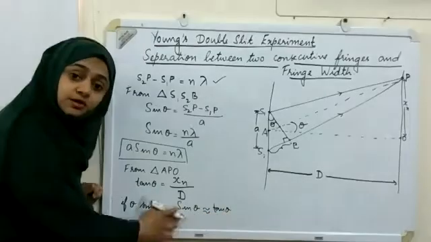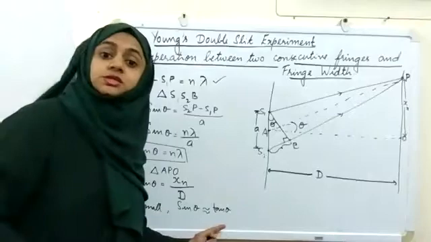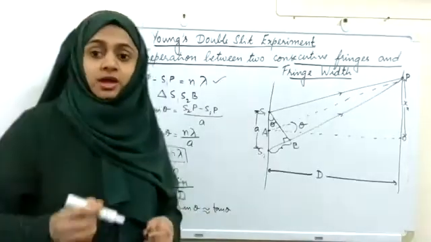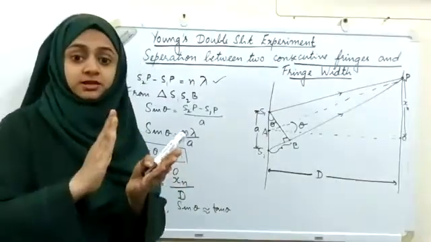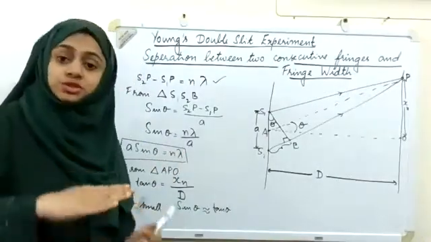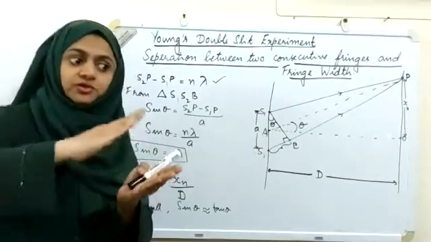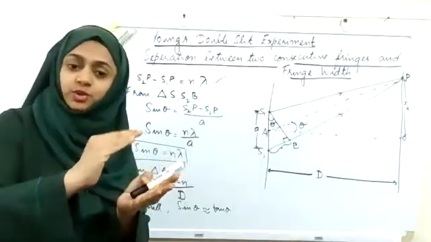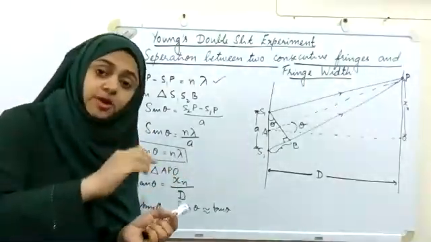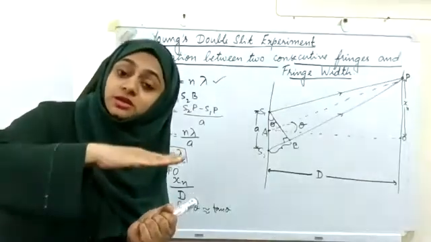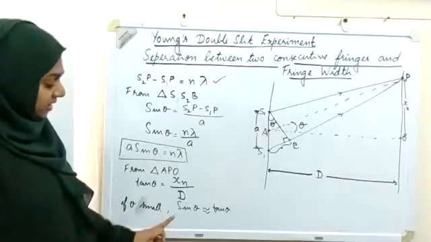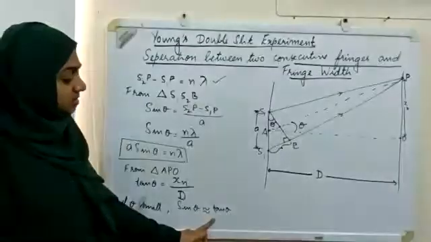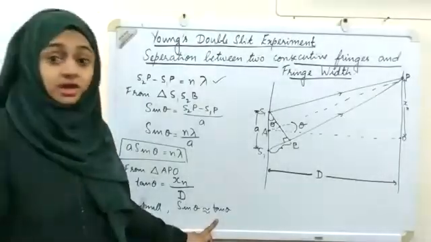What is sine 0? 0. What is tan 0? 0. And sine goes to its maximum value from 0 to 90, and tan goes from 0 to 45 degrees, where it becomes 1. So in the beginning part, when the angle is very small, we can assume that sine theta is approximately equal to tan theta.